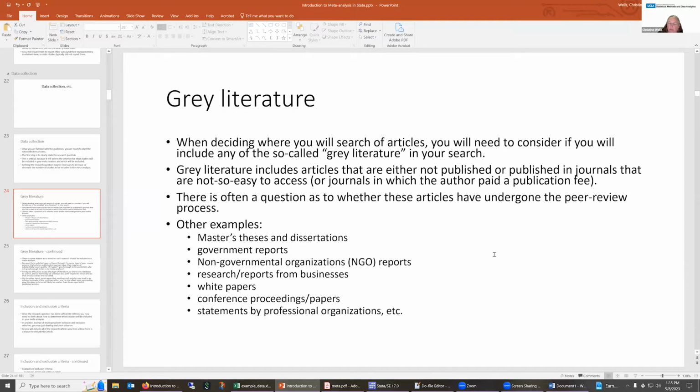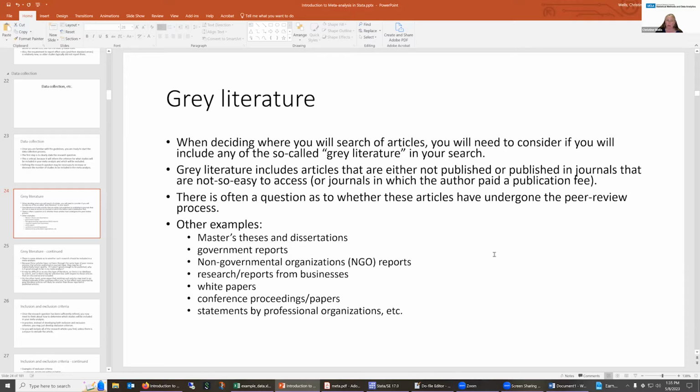There's a question as to whether these articles have undergone the peer review process, which in some cases is very important and in other cases really isn't as important.